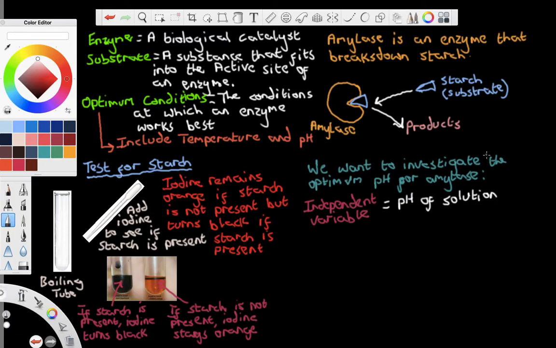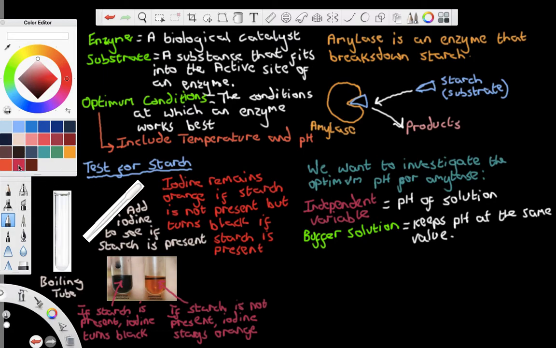A buffer is a substance that keeps the pH the same. So a buffer, B-U-F-F-E-R, solution keeps pH at the same value. It doesn't let it change, okay?